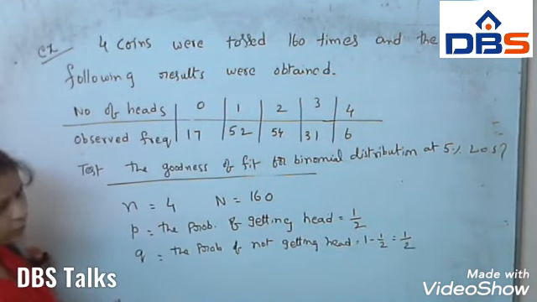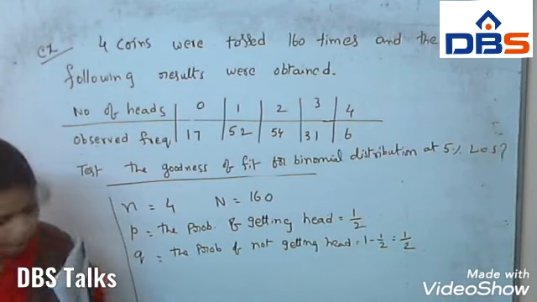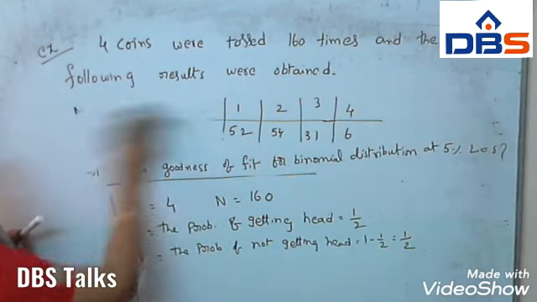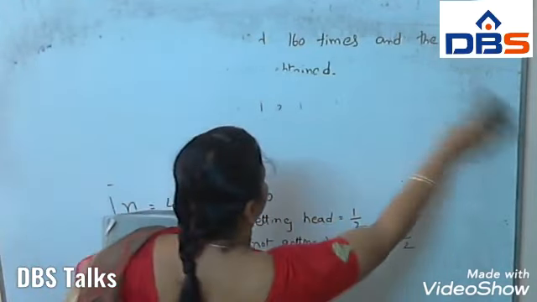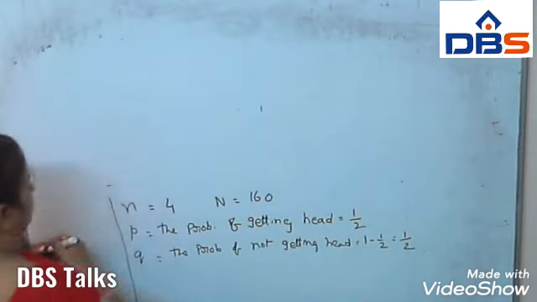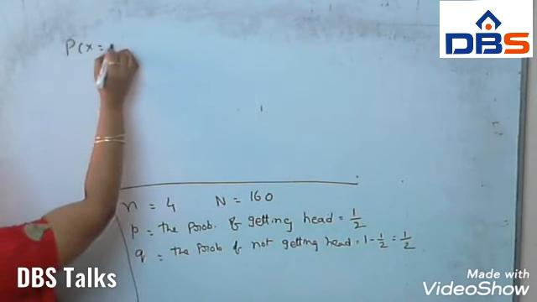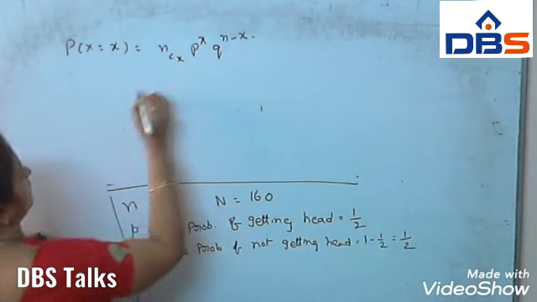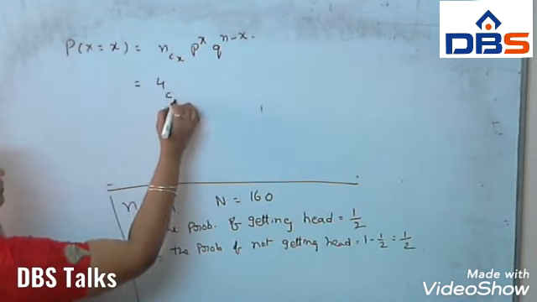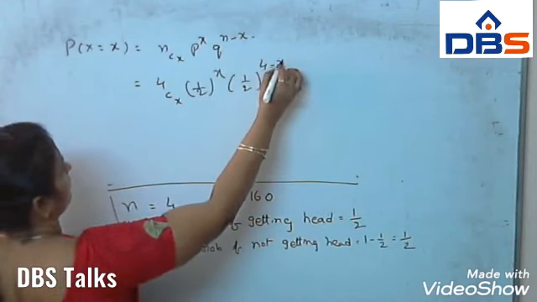n equal to 4. From binomial distribution, the probability of each x is p of x equal to nCx, p power x, q power n minus x. Now n means 4: 4Cx, half power x, half power 4 minus x.